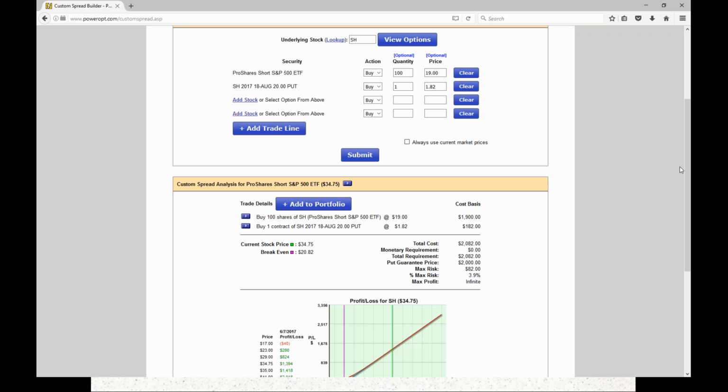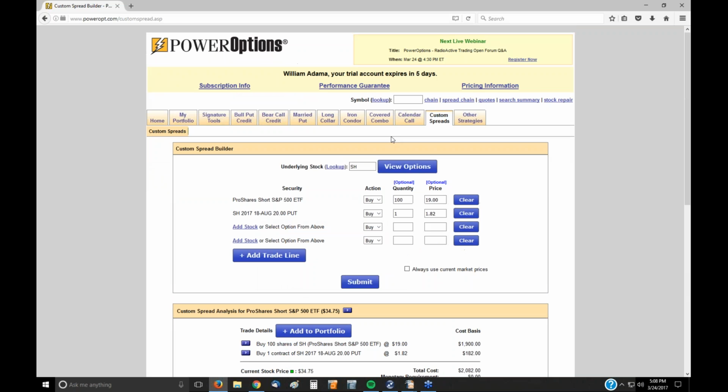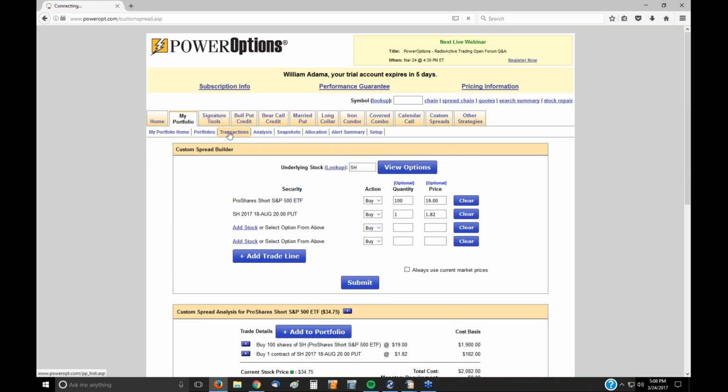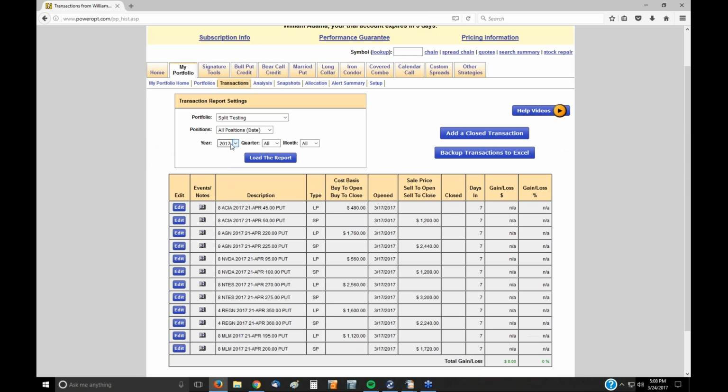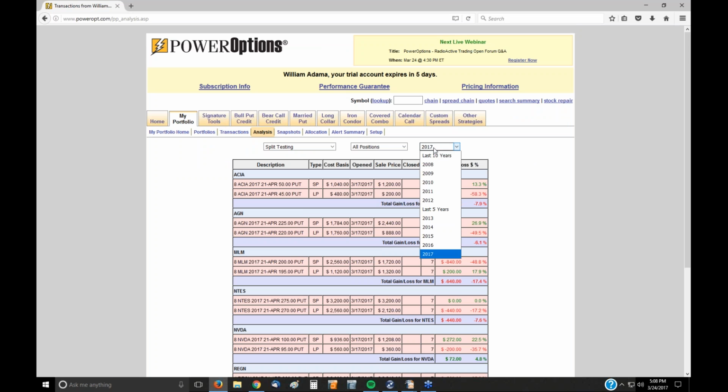Shangareth asked a question: is there a way to view transactions by weeklies rather than monthly? I think he was talking about in the portfolio. If I'm looking in my portfolio and I go into the transactions field, I can look yearly, quarterly, or monthly, but I don't have a view in the transactions or in the analysis to look at it by weekly.